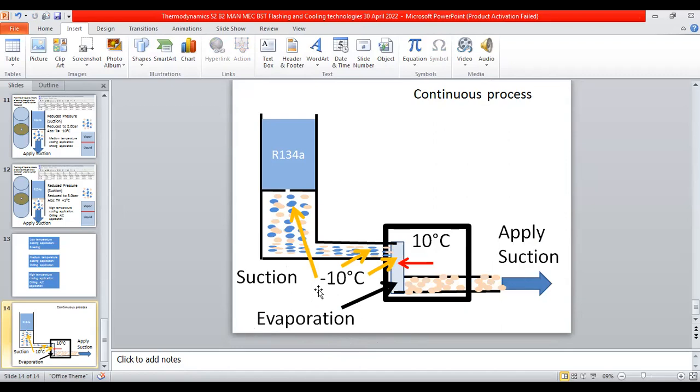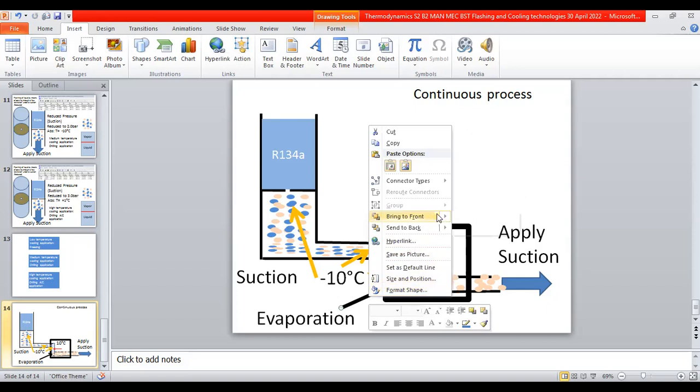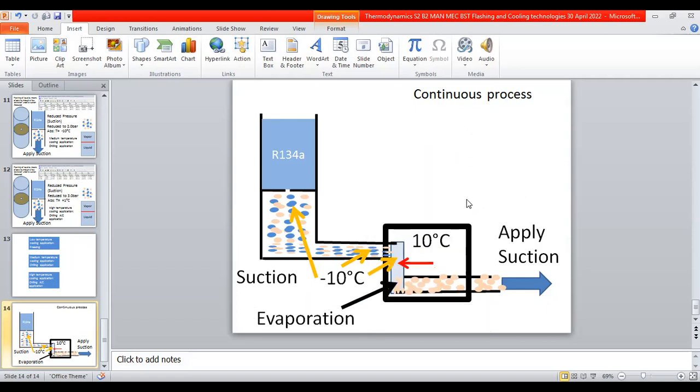So evaporation takes place here. Nice. Evaporation. So you apply suction here.